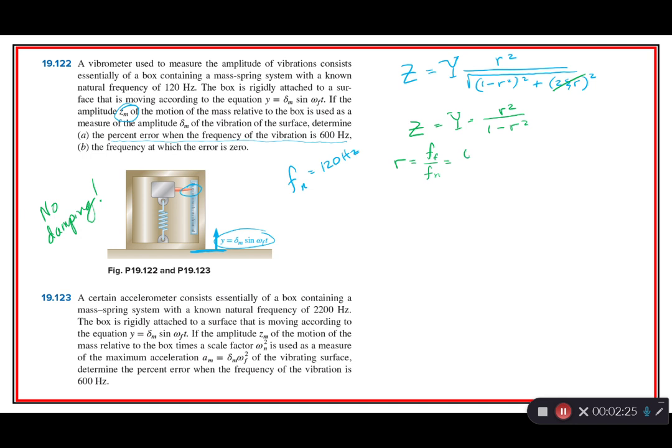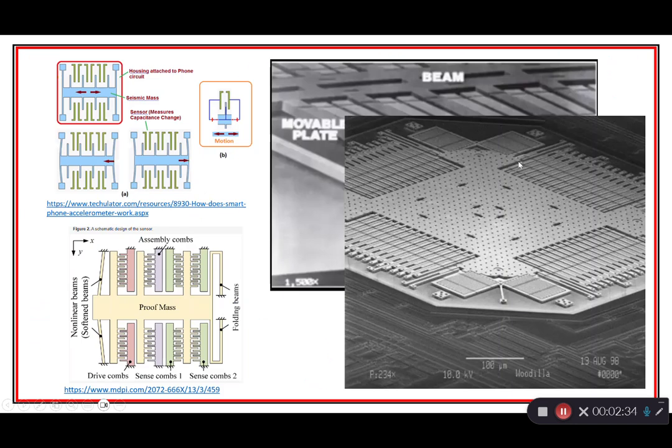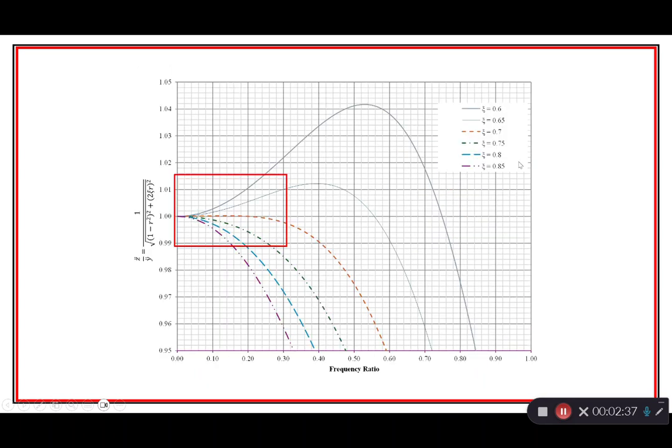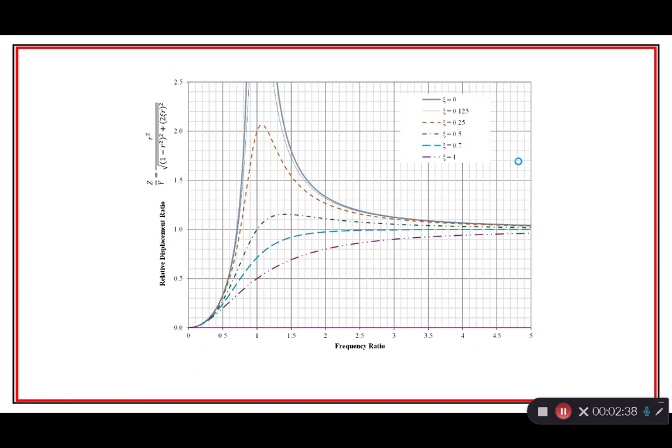So the forcing frequency is 600 hertz over the natural frequency of 120 hertz, and we get a 5, which is good because, as we mentioned up above, we want an error term in this range right here. But notably, 0 doesn't do a great job.